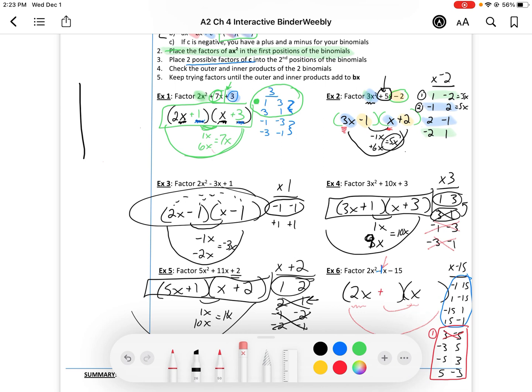All right, so let's try the next one then. Negative 3, positive 5. So here we get negative 3x and positive 10x. Oh, doesn't that just give me the opposite, I believe?